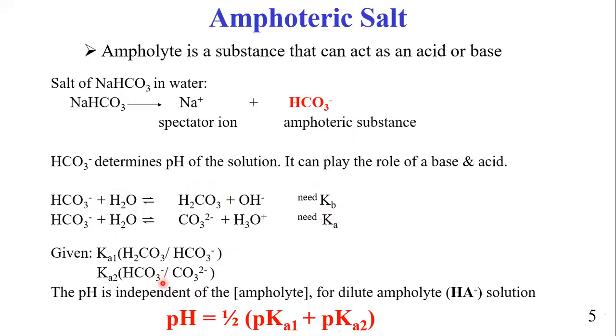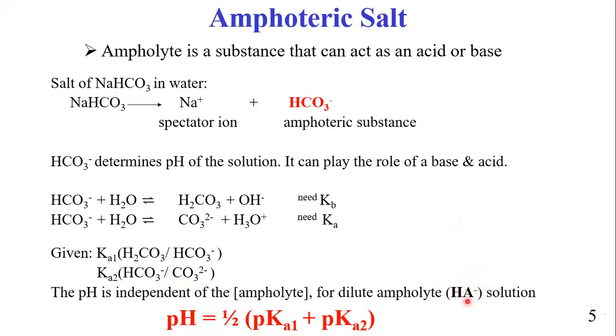I will simply say that the pH will be half of pKa1, the first dissociation of the acid, plus pKa2, the second dissociation of the acid. This is for this type of ampholyte, which is of the form HA-. This typically comes from diacids. Removing one proton, you can also get HA-.